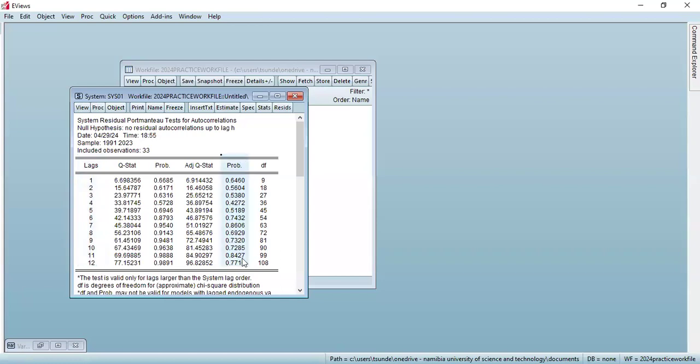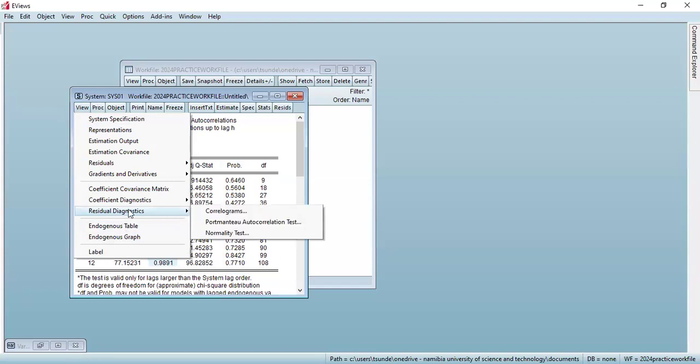Even here, there is no autocorrelation. Using the Q-stat, there is no autocorrelation. Even the adjusted Q statistic, there is also no autocorrelation. So it's actually two tests in one, the Q statistic and the adjusted Q statistic, right? And their probability values are all greater than 5%. So there is no autocorrelation, which is good.